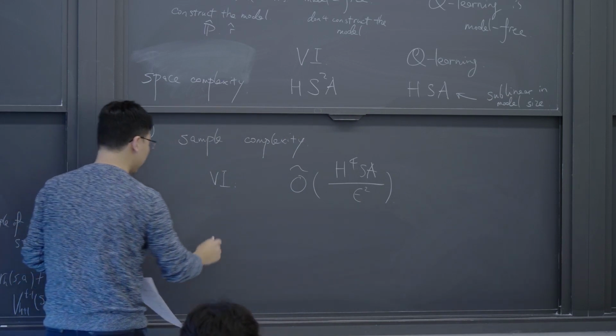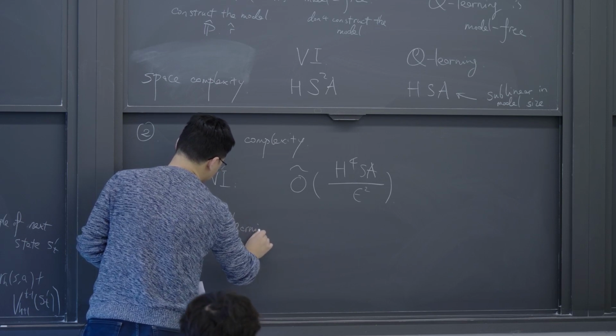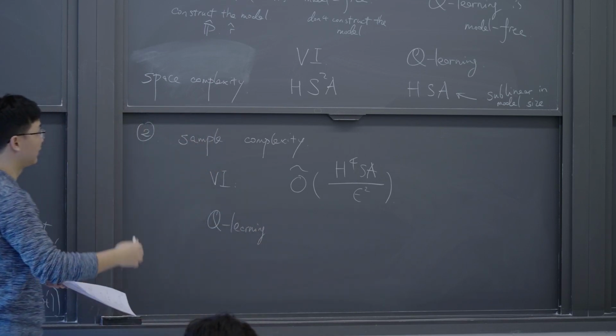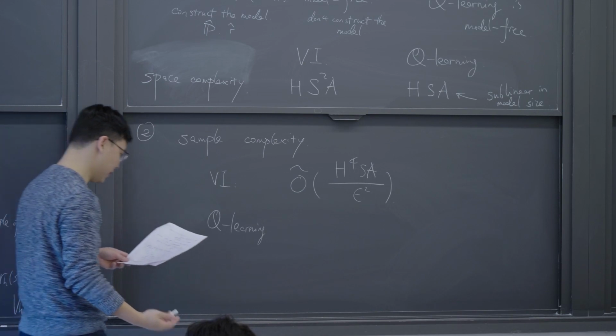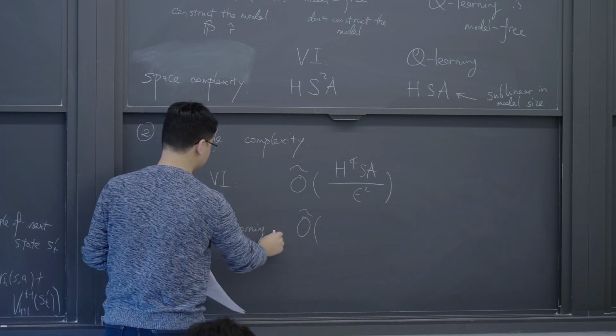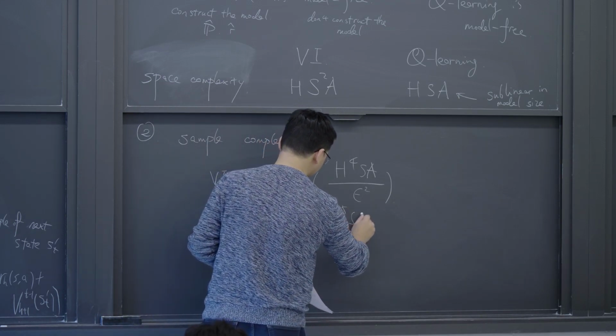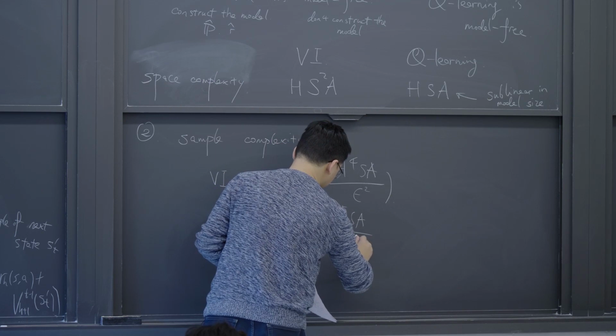In terms of Q-learning, you can do a similar analysis. We will give a little bit of a sketch shortly. But the result is you can essentially prove the sample complexity is something like this: H to the fifth SA over epsilon squared.